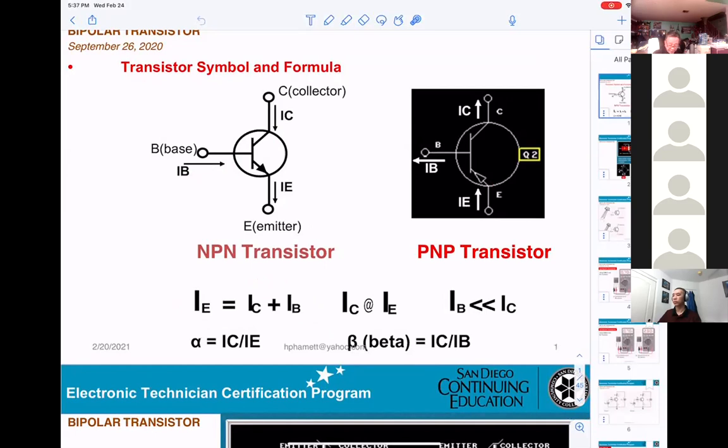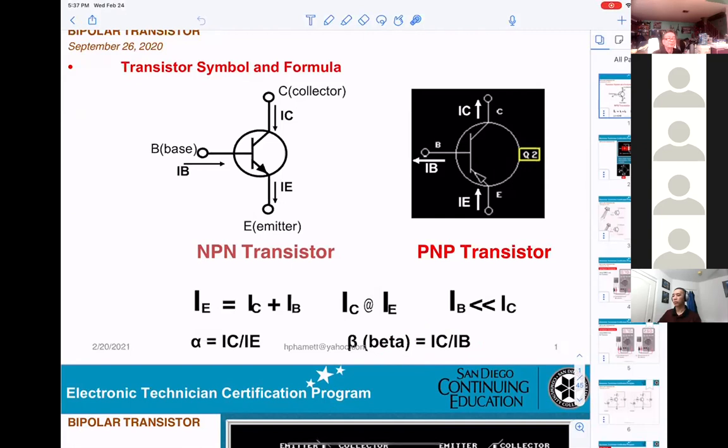And sometimes they say IC and IE are almost equal. The reason is the current IB is too small. And in this formula here, the beta equals the ratio between IC and IB.